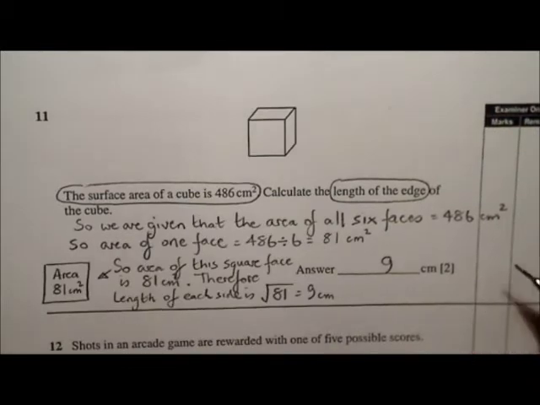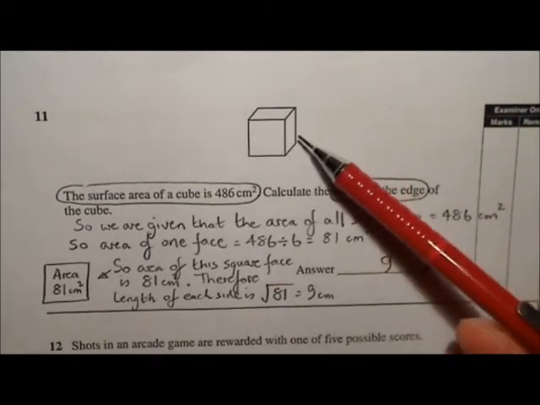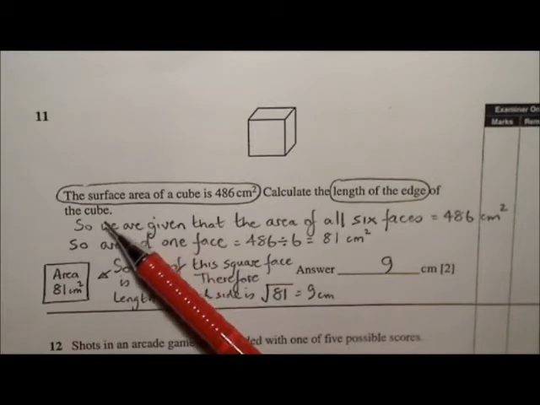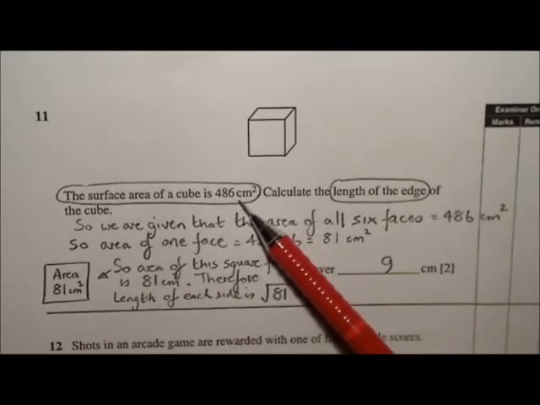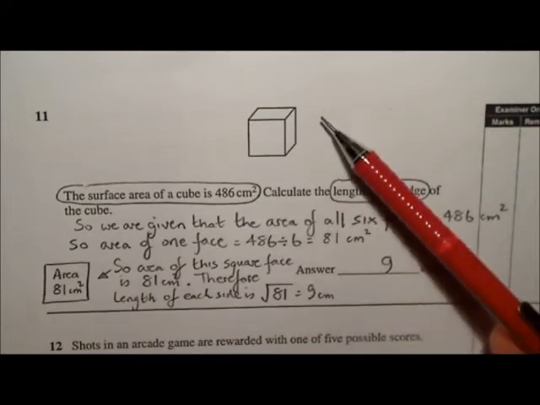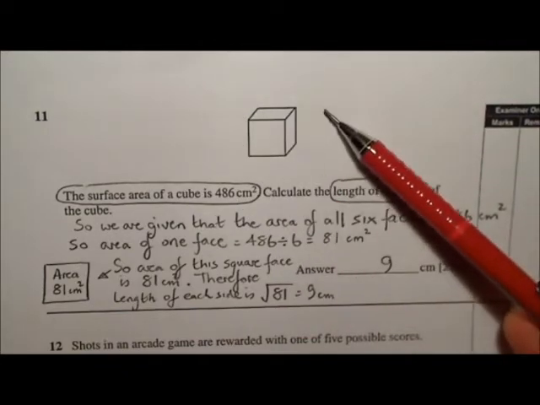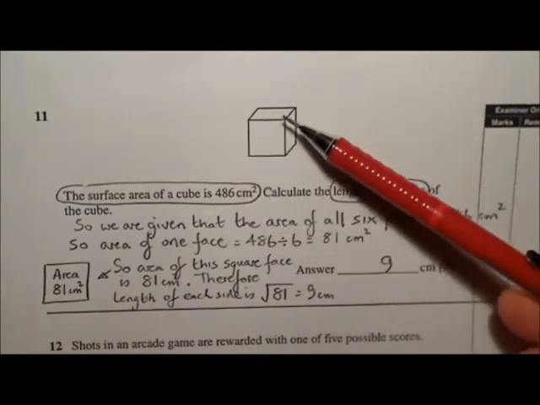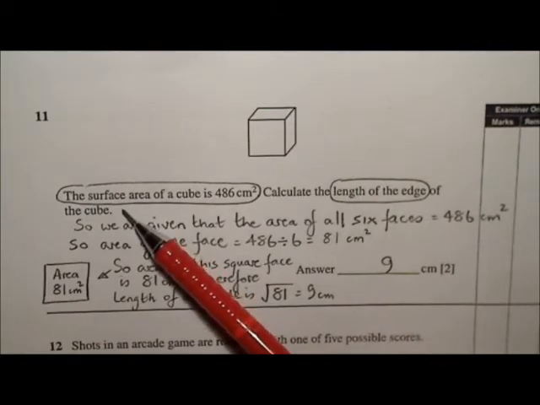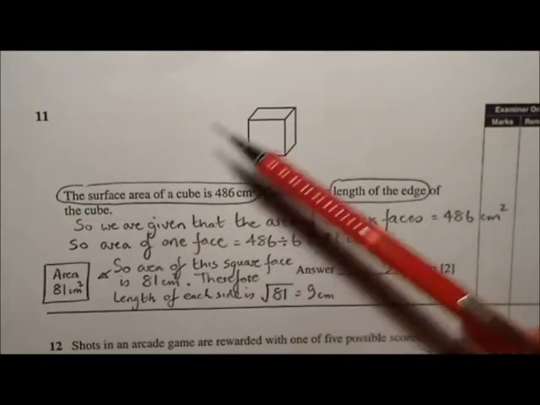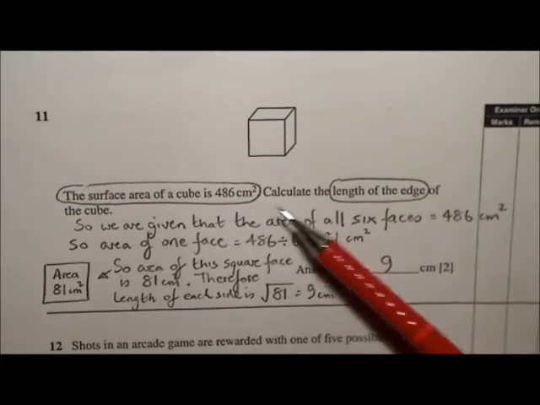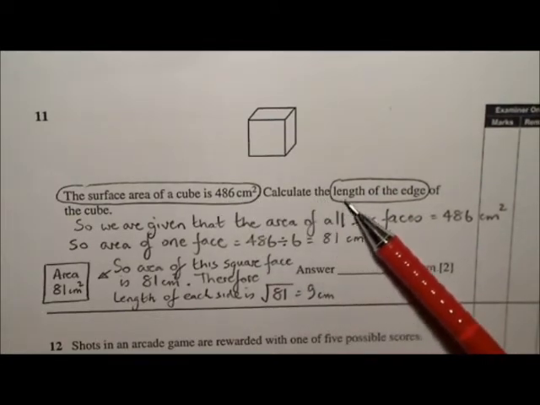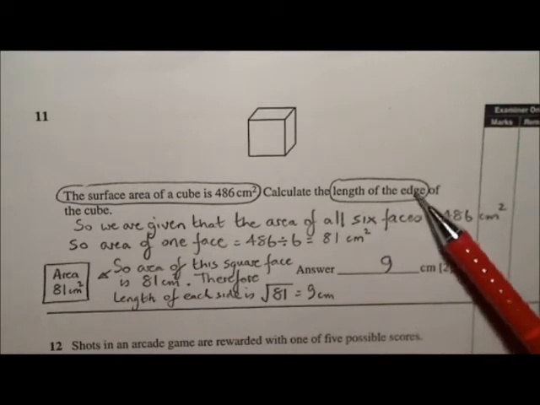Okay, so here's question 11. Here we're told the surface area of a cube is 486 centimeters squared. So there's a cube, you can imagine a dice shape. It's got 6 faces, and this is telling us that the area of all those 6 surfaces is 486 centimeters squared, and it wants us to calculate the length of the edge of the cube.